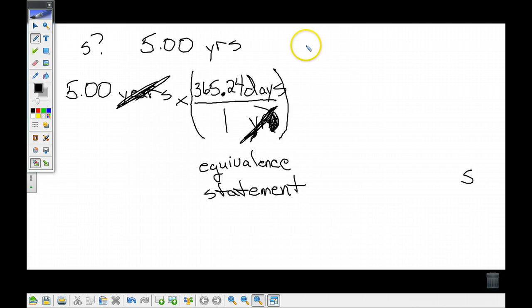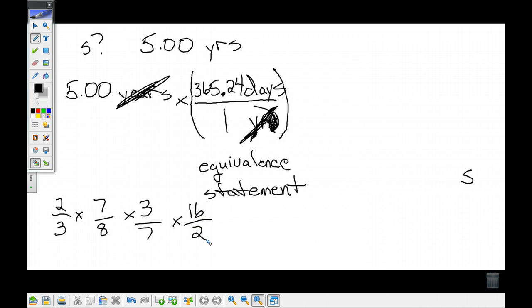A quick example of this that I wanted to show you is just the simple fact that you can do fractions this way, and you've already done fractions this way. If I said 2/3 times 7/8 times 3/7 times 16/2, also known as 8, if I asked you to solve that, you should be able to solve it very quickly.